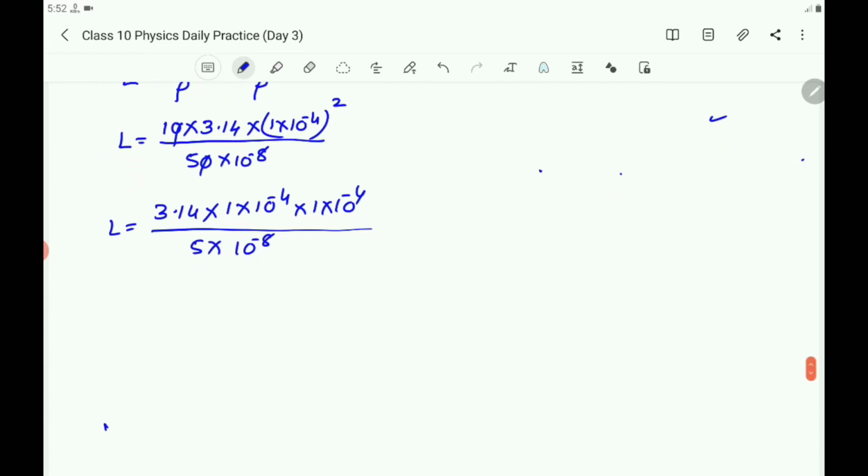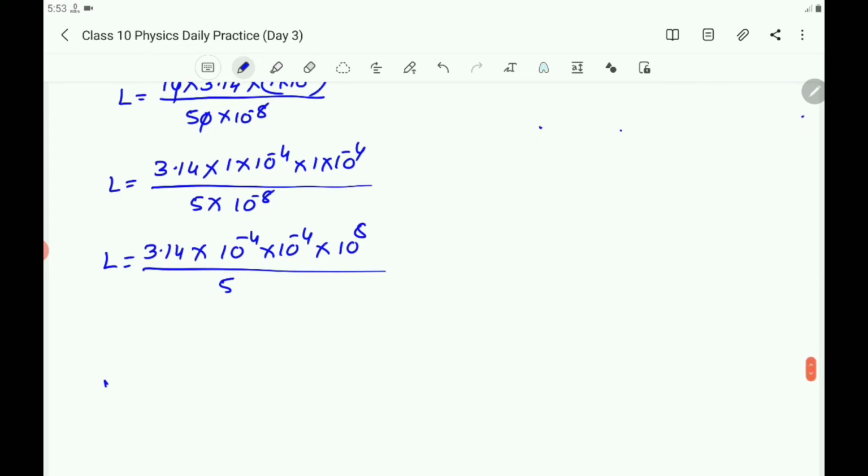Then L equals 3.14 into 10 power minus 4 into 10 power minus 4, and 10 power minus 8 taken to the numerator becomes 10 power positive 8, divided by 5.